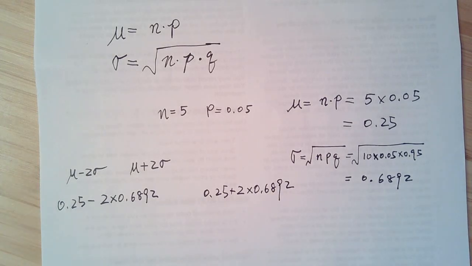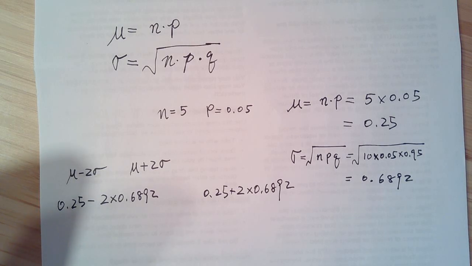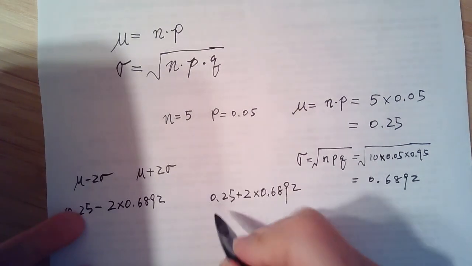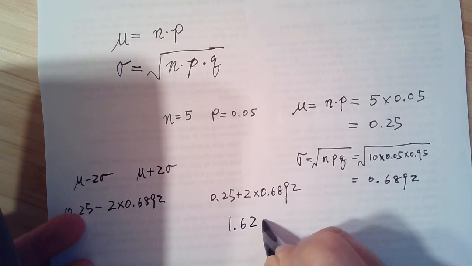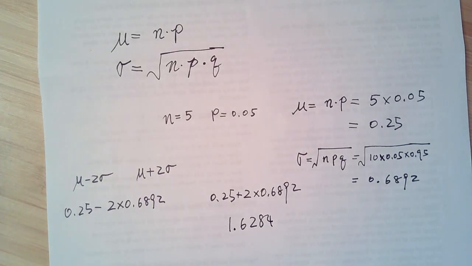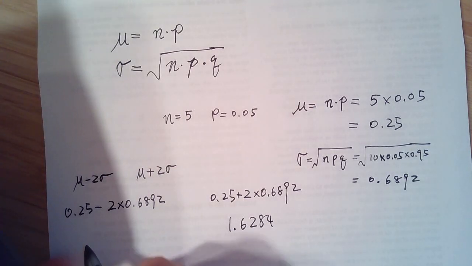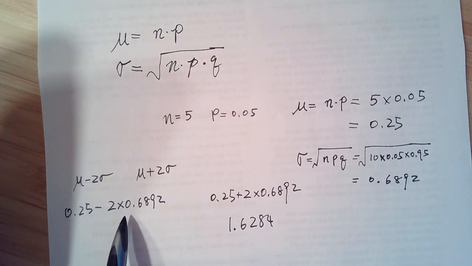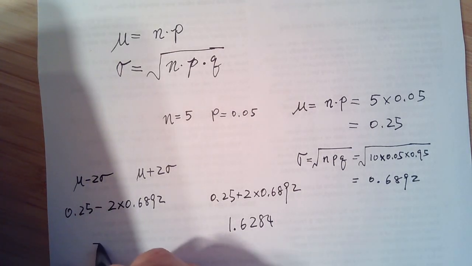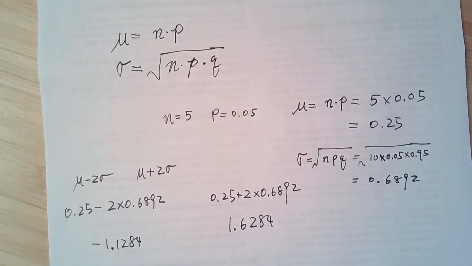So 2 times 0.6892 plus 0.25, I got 1.6284. And on the other side, 0.25 minus 0.6892 times 2, I get negative 1.1284.